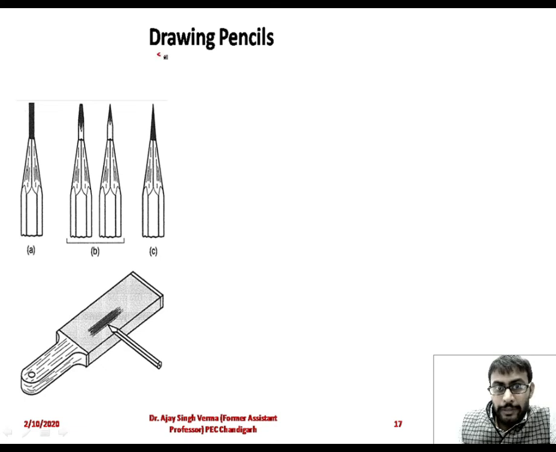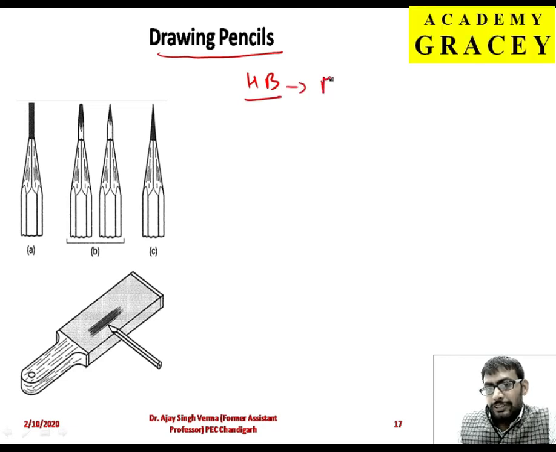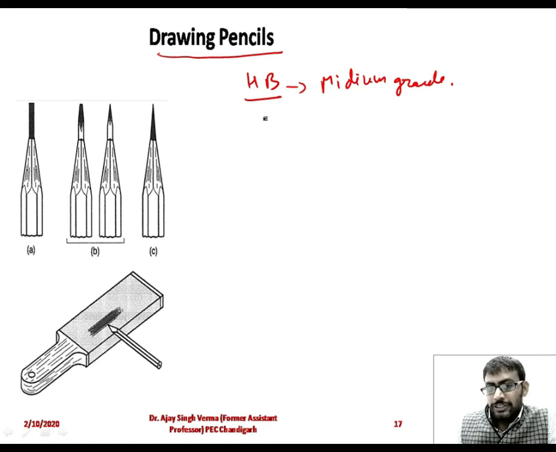Next is your drawing pencils. Basically in your schooling you will deal with the HB pencil. This HB pencil is the medium grade pencil. In our engineering drawing we will deal with 3 types of pencils. One is H pencil, second is B pencil, and third is your HB that is already written on top.